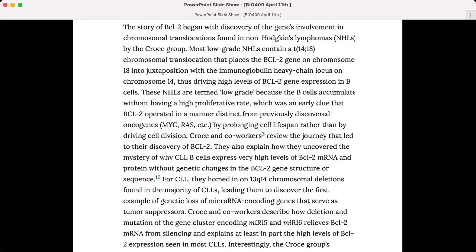So here comes another chromosomal translocation, and it's with the Bcl2 transcription unit. And this time it's a different cancer, but again, the regulatory region for an antibody gene.